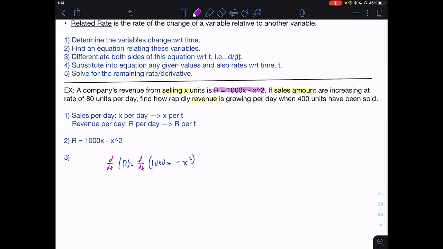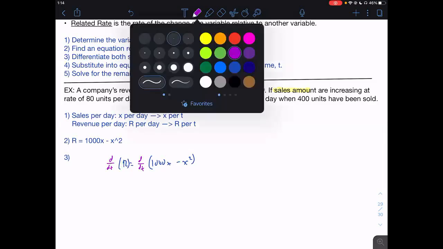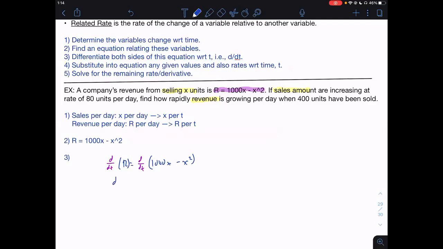Similar to what we have done before, take the differential and distribute it to each term of both sides of this equation. So on the left-hand side, we're going to be taking the derivative with respect to time of R, equal to the derivative with respect to time of 1000X, minus the derivative with respect to time of X squared.